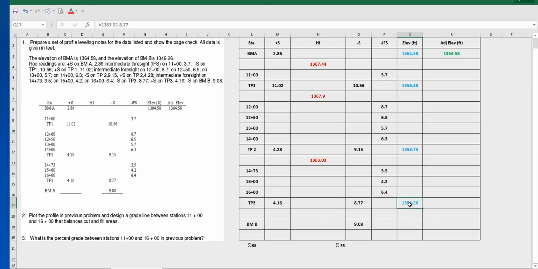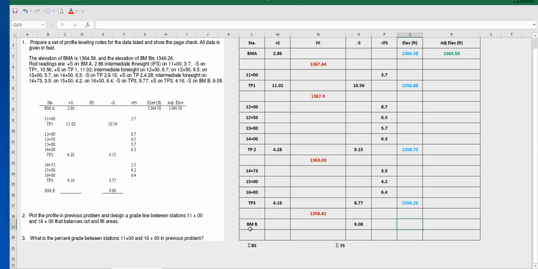Okay, so remember, elevation plus backsight gives me HI. 1354.26 plus 4.16 is going to equal 1358.42.